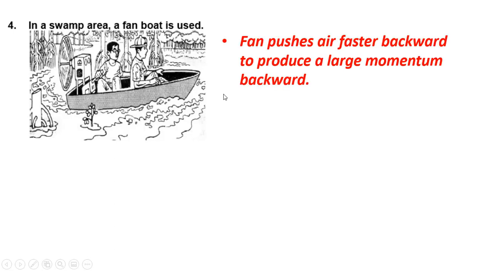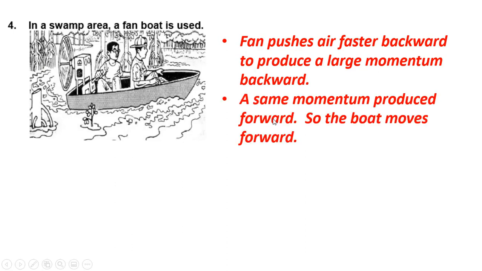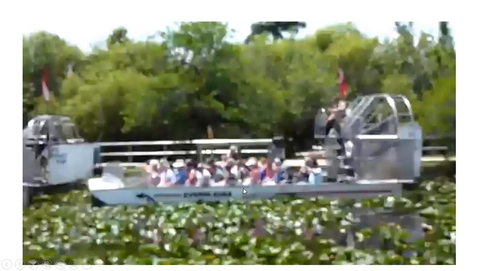Okay, how does it work? The fan pushes air faster backwards. The fan rotates and makes the air push backward to produce a large momentum backward. And the same momentum is produced forwards, so the boat moves forwards.